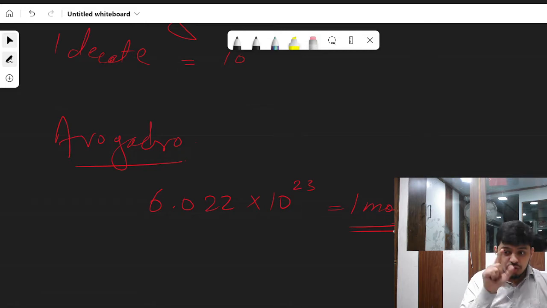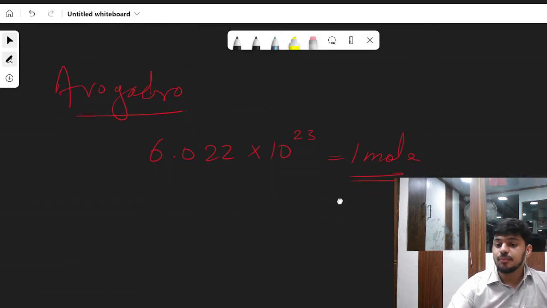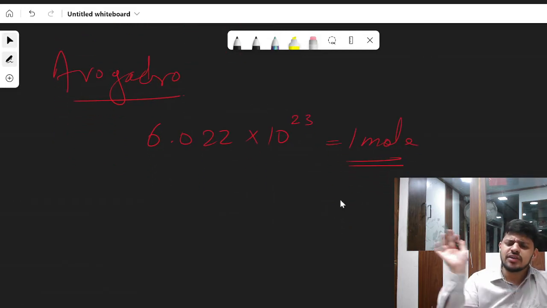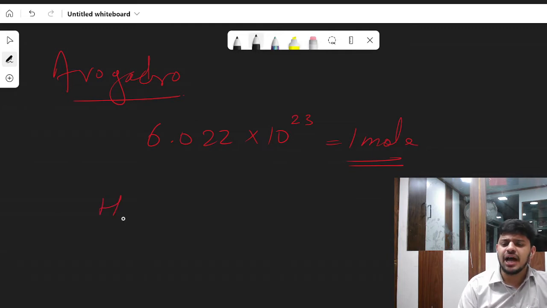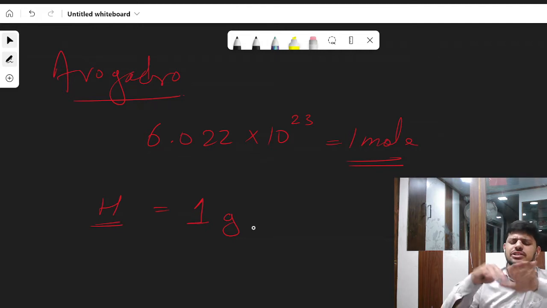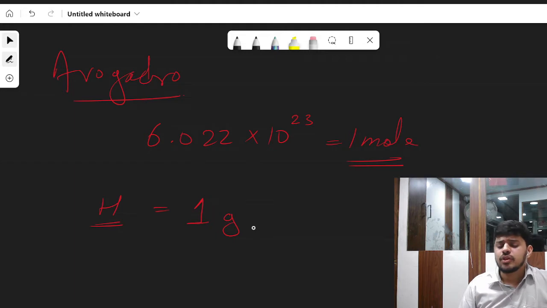You know why? See, for example, everyone knows if we talk about the hydrogen atom, hydrogen has the mass of 1 gram. It has the atomic mass of 1.008, no problem, but we will write just 1. This is the atomic mass.